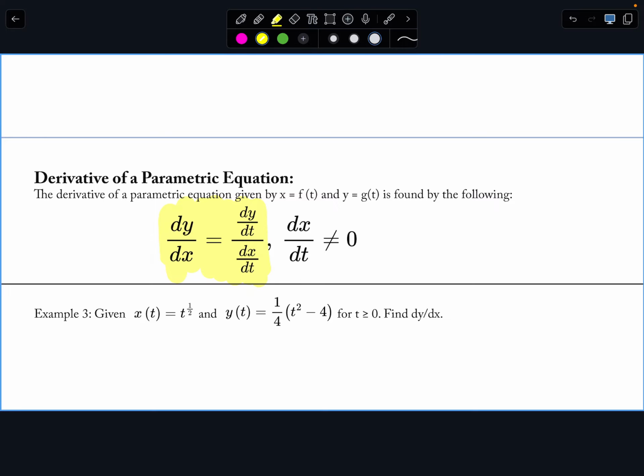That's pretty straightforward, because you could actually see the dt's cancel out, right? If I invert and multiply.